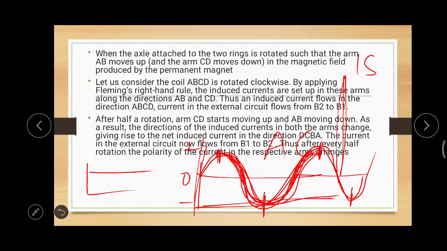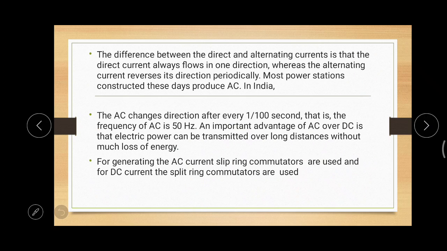Now, here in India the frequency of the current is 50 hertz. One complete wave means the polarity changes 2 times.